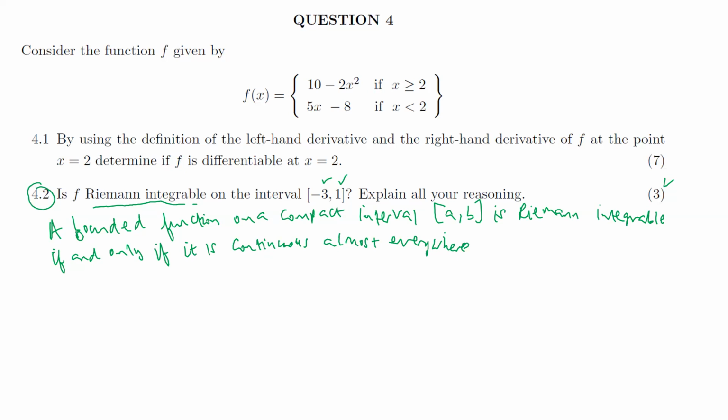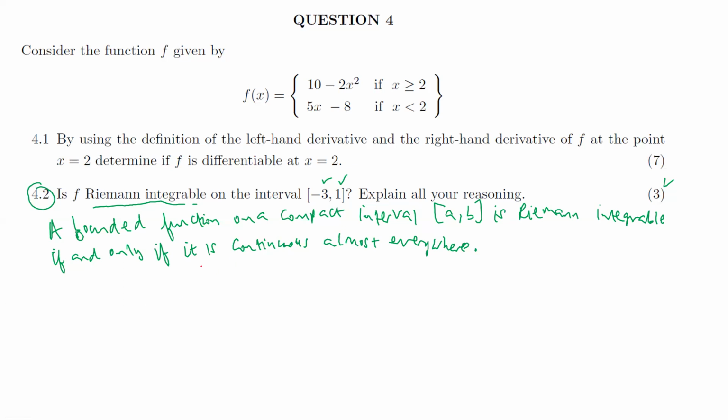Right, so we are effectively saying that the function itself is said to be Riemann integrable. The bounded function on the compact interval [a, b] is Riemann integrable if and only if it is continuous almost everywhere. Okay, this is enough, but I want to mention this.